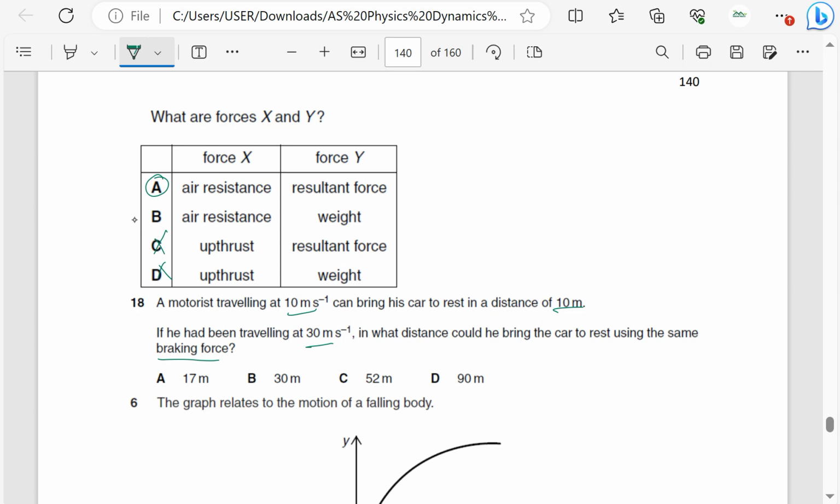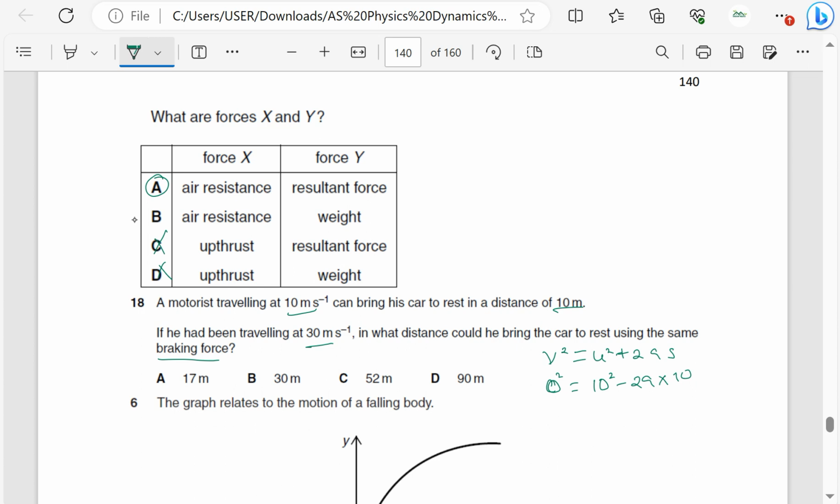So I'll use v squared equals u squared plus 2as, because it's using the same braking force, it's going to use the same deceleration. So final velocity is going to be 0 squared, initial velocity is 10 squared, minus 2 times the acceleration times 10.